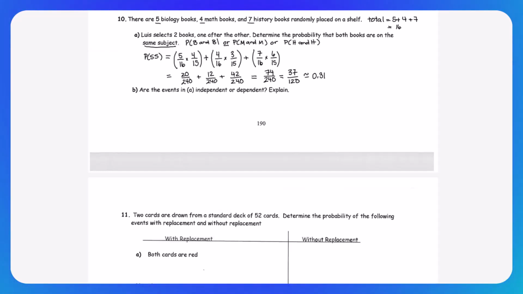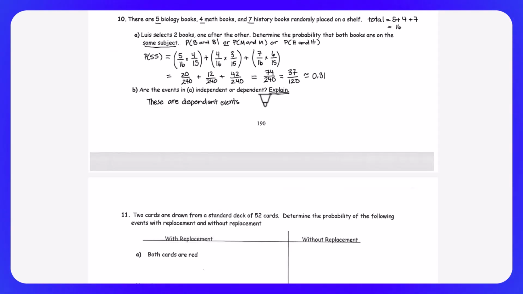Now it's asking, are these events independent or dependent, and explain. Now remember that explain, you have to say it in words. So we already said that because there was no replacement of the first book, these events are dependent. So we would say these are dependent events, and we can say it in multiple ways, but let's say it so that it captures as much as possible.